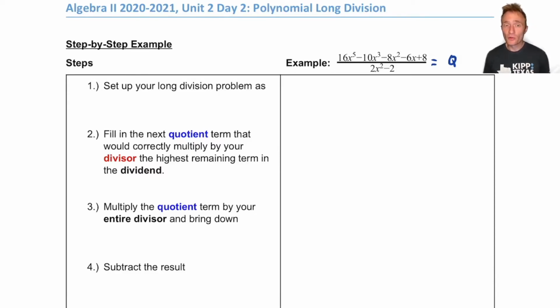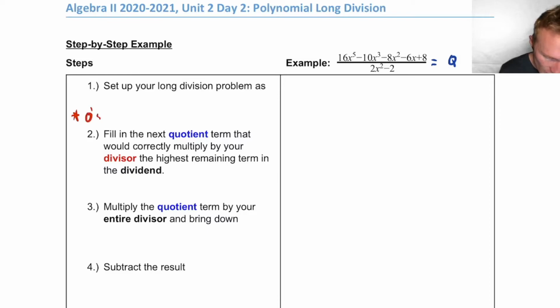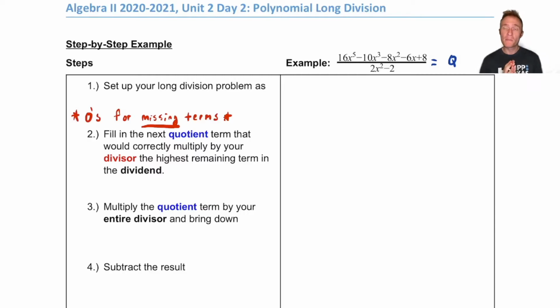Now, the really important idea here, and I need to write this as a note here, you need to use zeros for missing terms. This is super important, and I forget to do it all the time, and it frustrates me, and it's going to frustrate you the first couple of times.